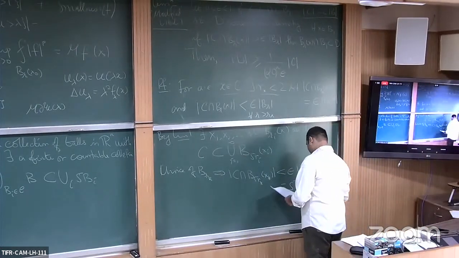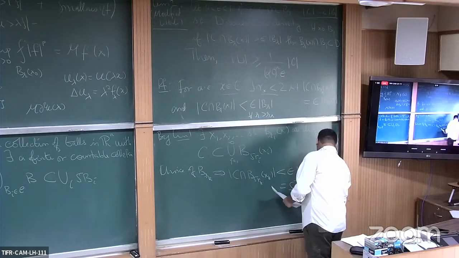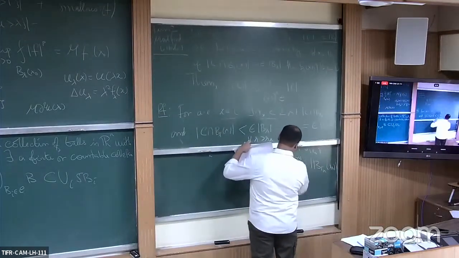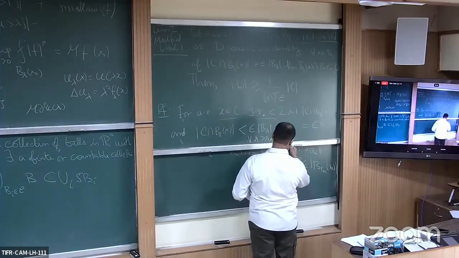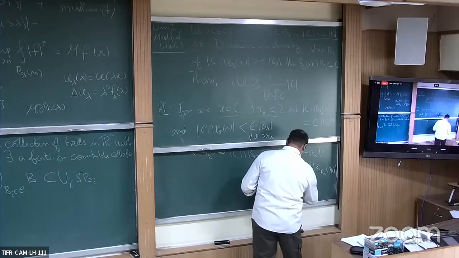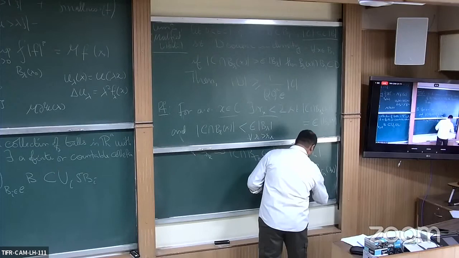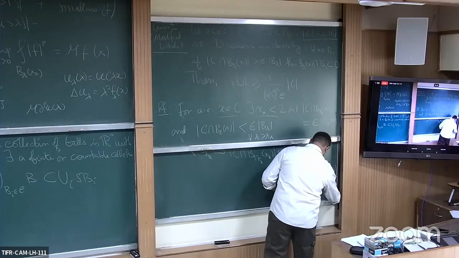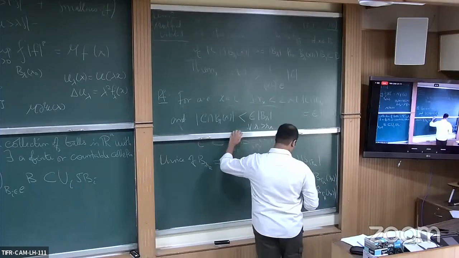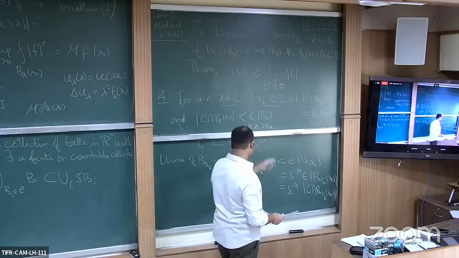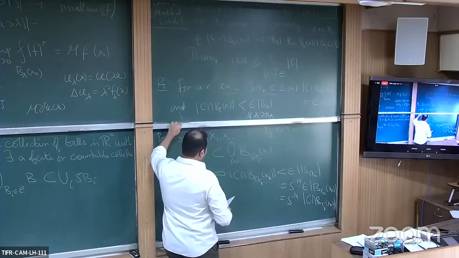So here I've not lost, but okay. And that, I believe, is 5^n times the measure of E intersection B(r_k, x_k), right? This is because at r_k the density is exactly epsilon. So I'm just writing the whole thing again.